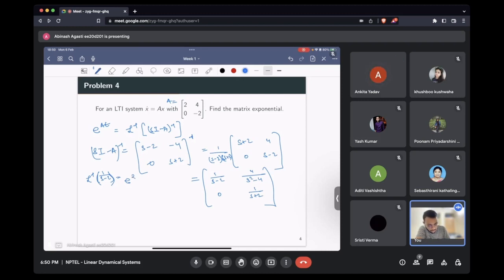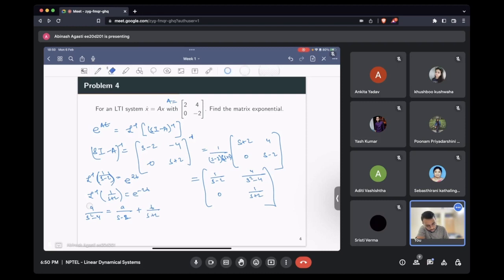So here we'll have e to the power 2t, and in this case, we'll have e to the power minus 2t. Okay. And then for the other term, let's first break it down. We want to write it as A by S minus 2 plus B by S plus 2.